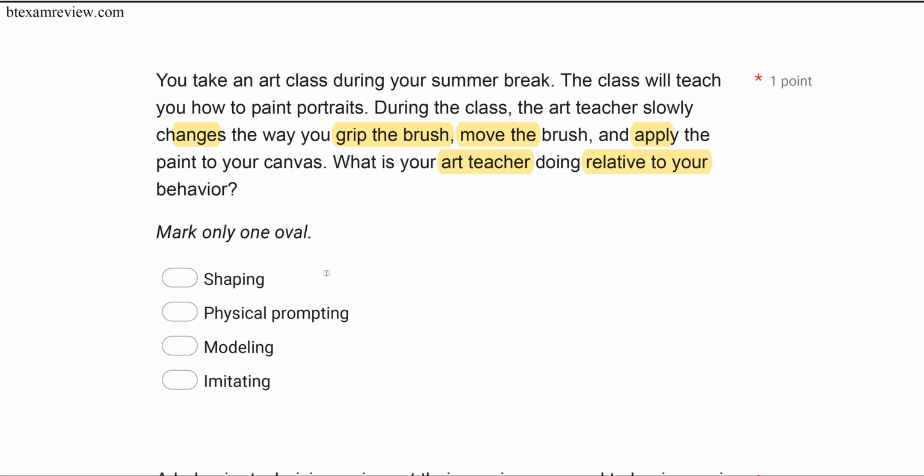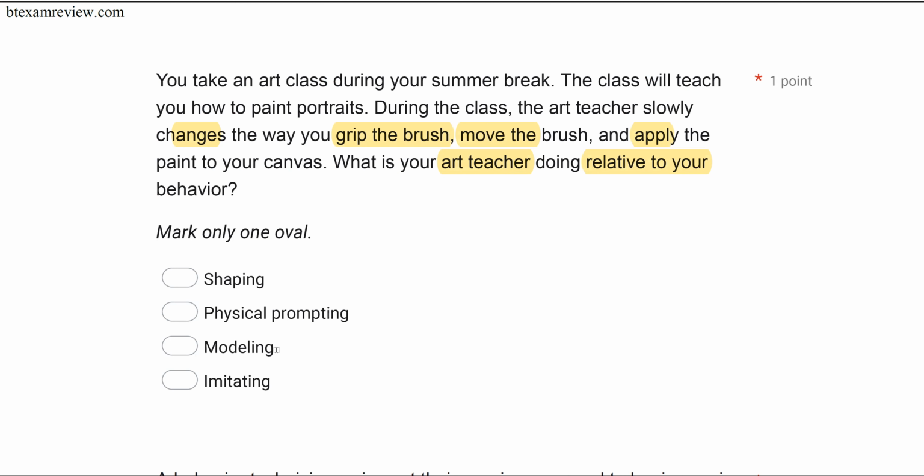She's shaping up your behavior. She's going to slowly change how you grip that brush, and then how you move the brush across the canvas, and then how you apply the paint to your canvas. Likely, she's going by approximations of behavior of how you grip and move your brush to apply the paint. Is she B, physical prompting? Well, there's no indication of any sort of prompts at all.